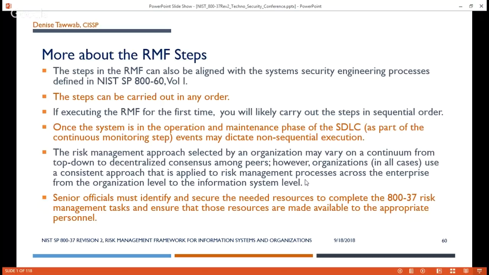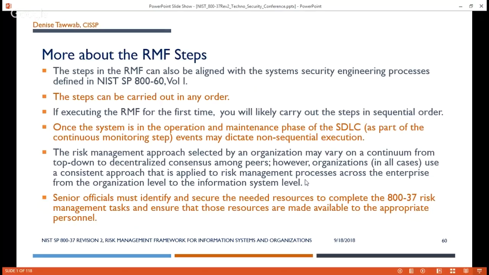The risk management approach selected by your organization may vary on a continuum from top down to decentralized consensus among peers. However, organizations in all cases use a consistent approach that is applied to risk management processes across the enterprise from the organization level to the information system level.